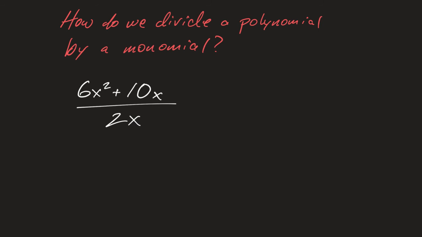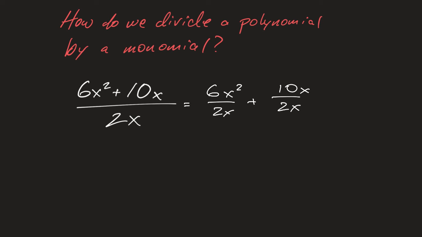So our next question is, how do we divide a polynomial by a monomial? So up here we got our polynomial, 6x squared plus 10x, that's a binomial. We have our vinculum here, that's our fraction bar, divided by 2x. I'm going to rewrite this in a way that makes it easier to see what we're going to do next. This is really just 6x squared divided by 2x plus 10x divided by 2x.